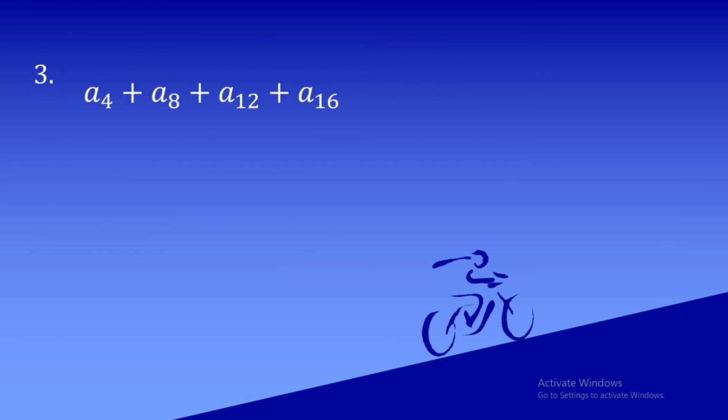For number 3, we have a series here to be expressed in the compact form or the sigma notation. Our first term is a sub 4, second term is a sub 8, third term is a sub 12, then the fourth term is a sub 16. Then factor the numbers: 4 times 1, 8 is 4 times 2, 12 is 4 times 3, and 16 is 4 times 4.